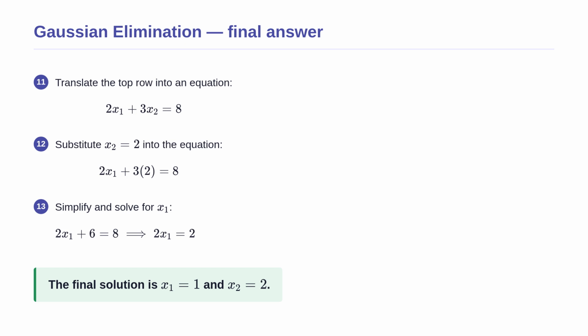Multiplying 3 by 2 gives us 6. Subtracting 6 from both sides leaves 2 times x1 equals 2. Dividing by 2 gives us x1 equals 1. Our final solution is x1 equals 1 and x2 equals 2. Physically, this is the exact point where our multidimensional planes intersect.